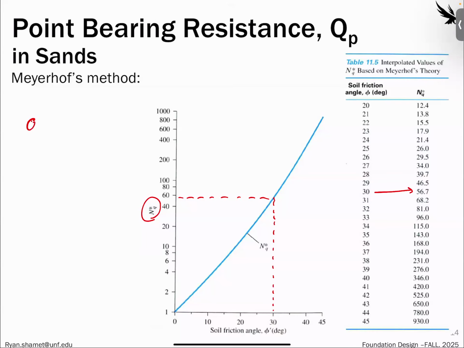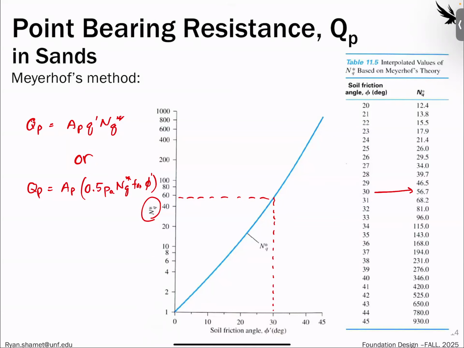So again, just to summarize, QP is equal to this equation here, or QP is equal to this atmospheric pressure times the tangent of the friction angle of the sands.